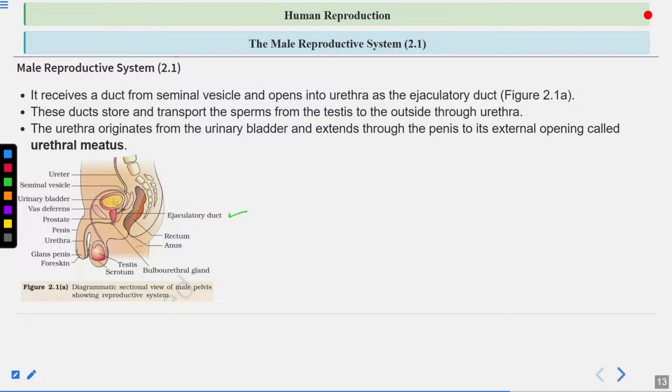The urethra runs through the entire length of the penis, and this is the urethral meatus, through which the sperms are finally released to the outside of the body. Clear? So the urethra originates from the urinary bladder and extends through the penis to its external opening called the urethral meatus.